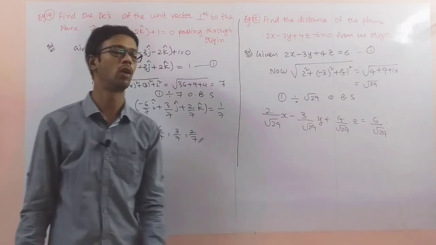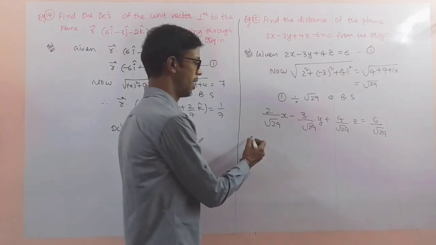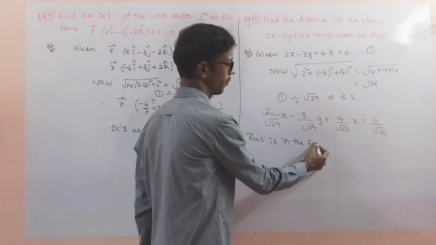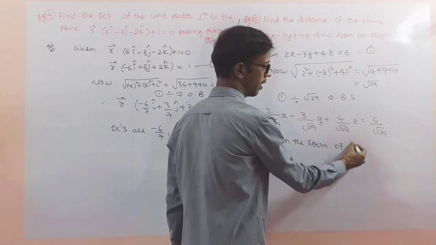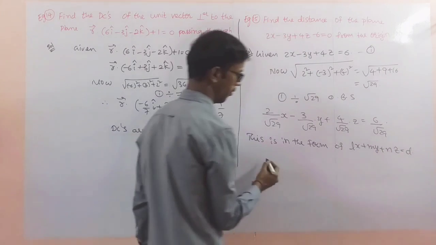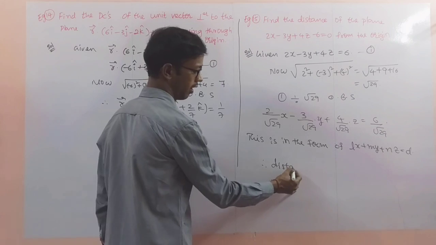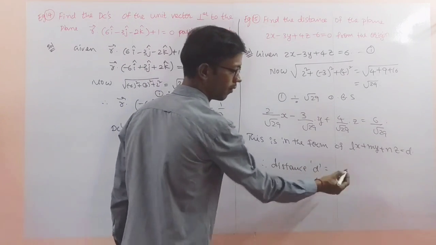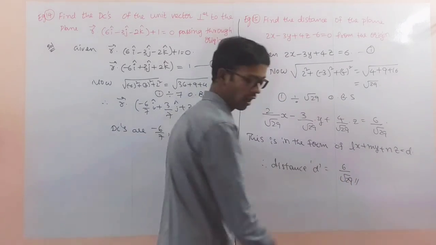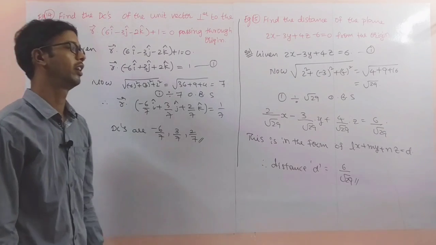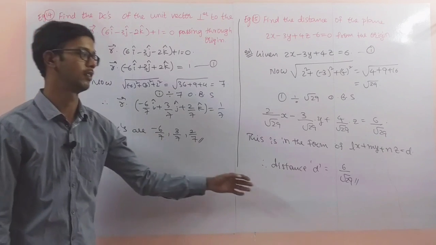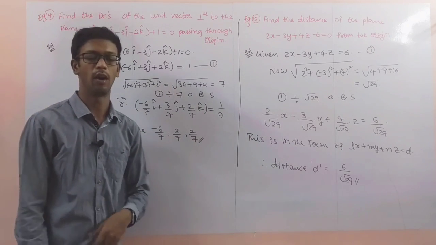This is in the form Lx plus My plus Nz equal to d. Therefore, the distance from the origin d equals 6 by root 29. 6 by root 29 is the distance from the origin to this plane. So this is the way of finding the distance and direction cosines. Pause the video to note it down.